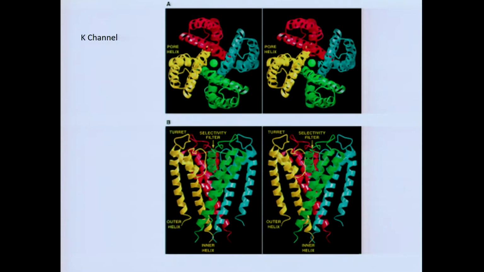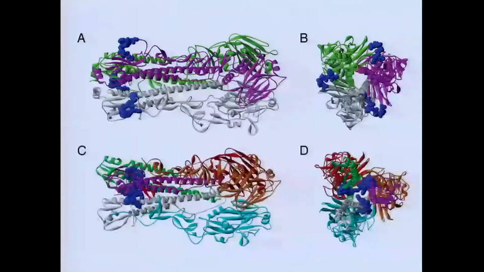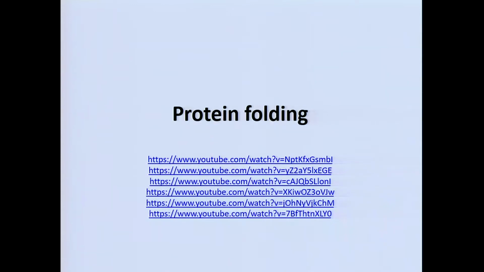So this is an example of the quaternary structure, and here you can also see different colors showing different proteins. And in quaternary structures also, similar types of interactions exist as in tertiary structures.